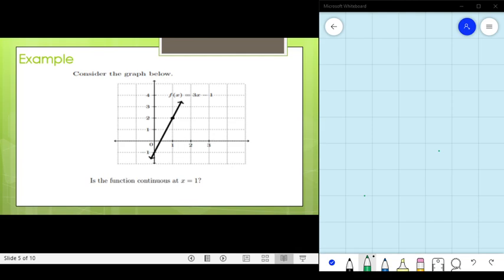So what are we going to do to check if this function is continuous at x equals 1 using the given graph? We are going to look at the graph from the left of the number x equals 1 going to the right.